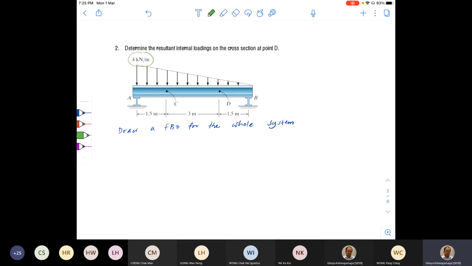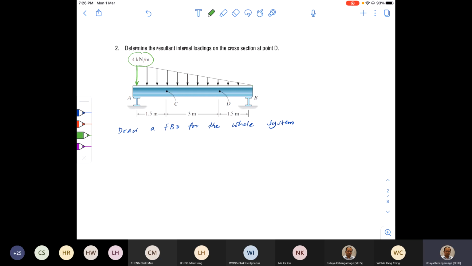This load says that at this particular point, the intensity of the load is 4 kilonewton per meter, and at point B, the load is 0. So between A and B, the load intensity varies from 4 to 0 linearly, forming a triangular distribution. To find the equivalent total load as a point load, the area of this triangle provides that answer.